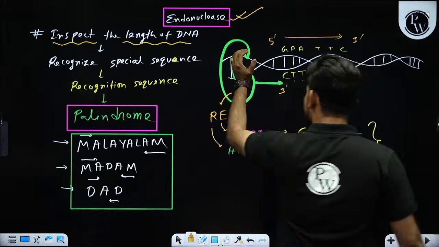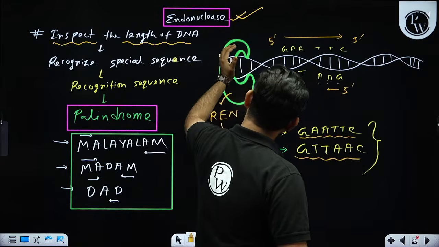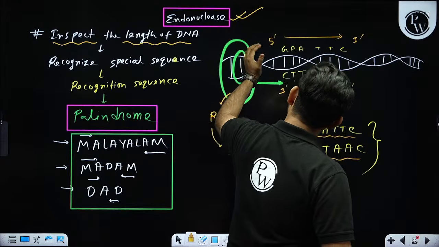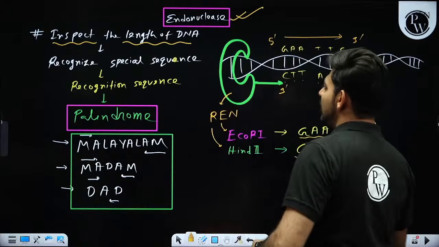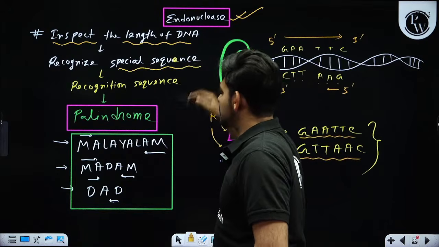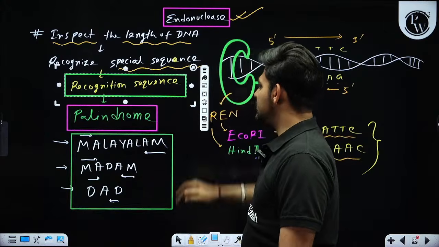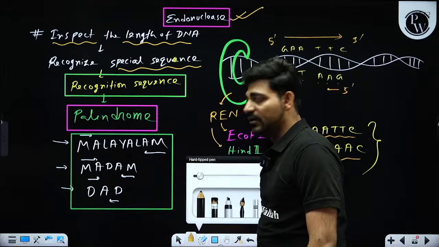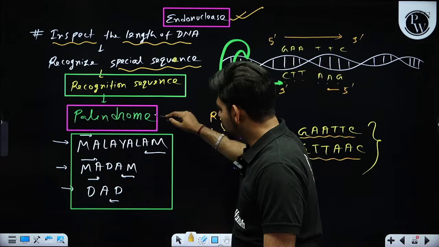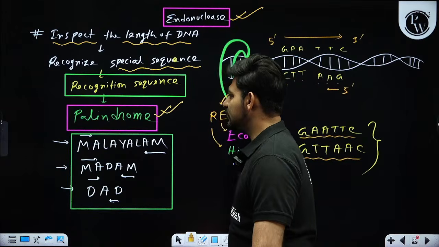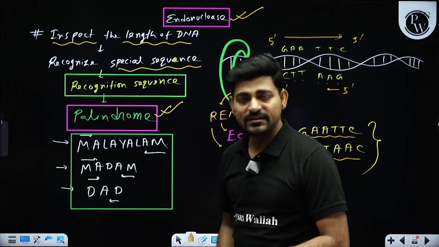The restriction endonuclease will walk through the length of the DNA molecule, searching for a special sequence, and we call it a recognition sequence. Most of the time these recognition sequences are palindromic in nature. Now what do you mean by palindromic?